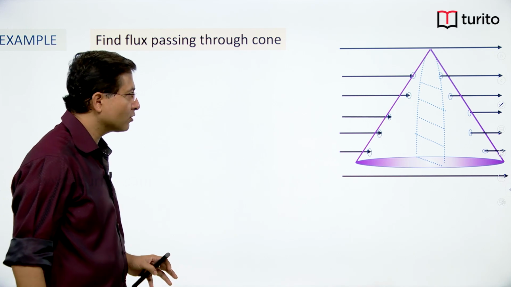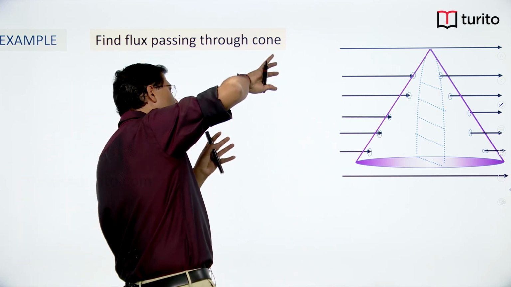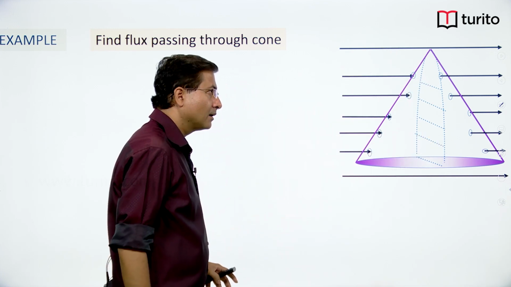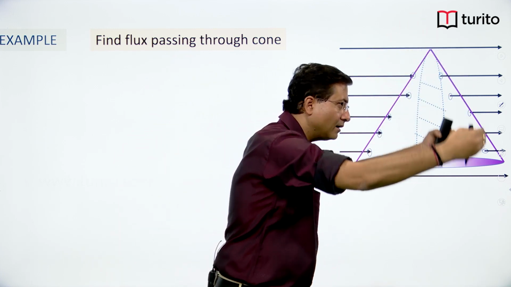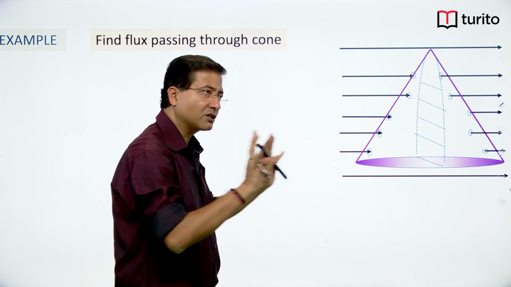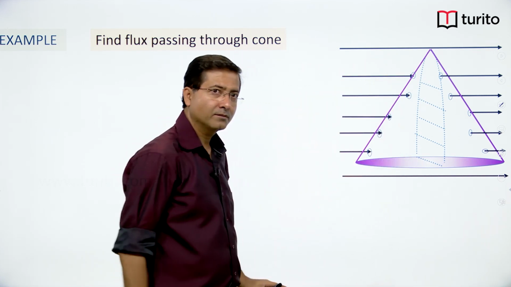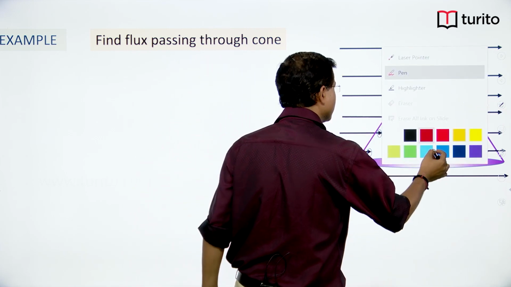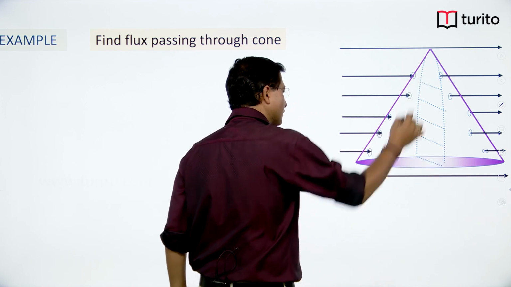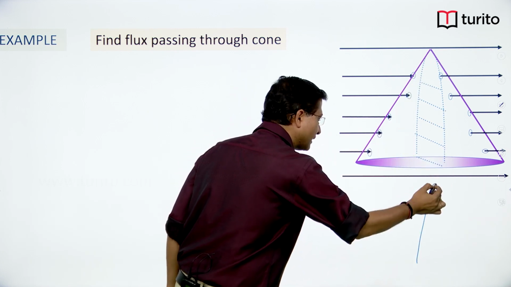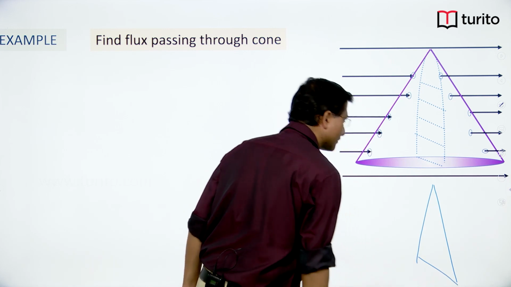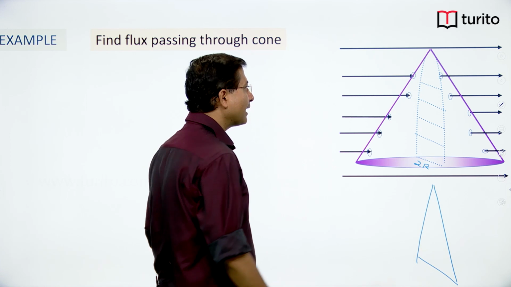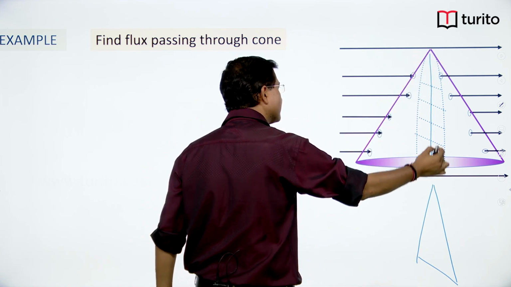Again I can use the concept of projection. If I allow light to fall on this cone and get the projection on the vertical plane, then the projection will be a triangle. So the projection of this one, what is drawn in the diagram, will be something like this, a triangle. This distance is 2r, the radius, and let the height of the cone be h.